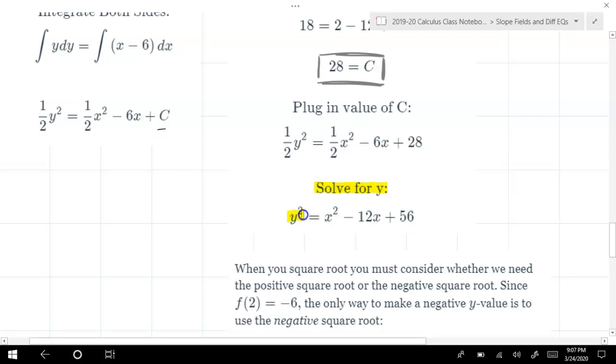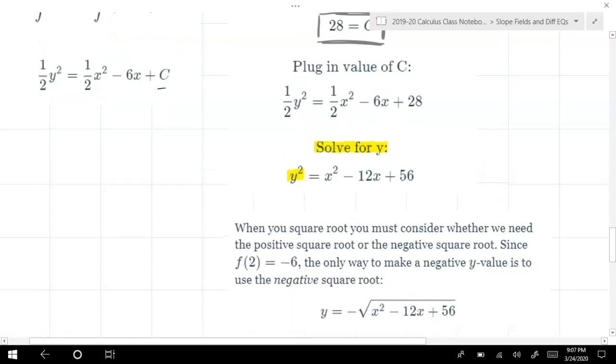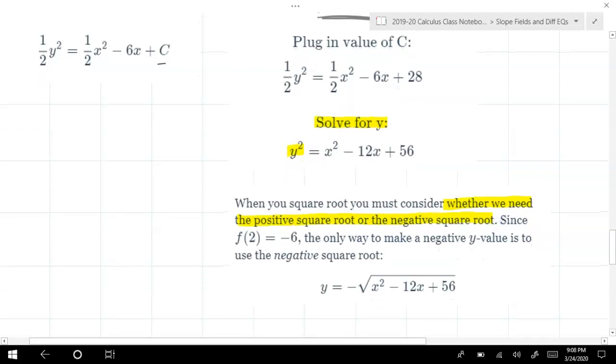Now, since we have y squared, we must consider whether we need the positive square root or the negative square root. Since f of 2 equals negative 6, the only way to make a negative y value is to use the negative square root.